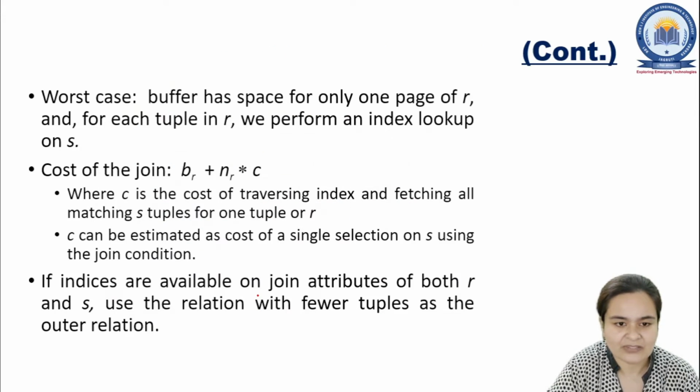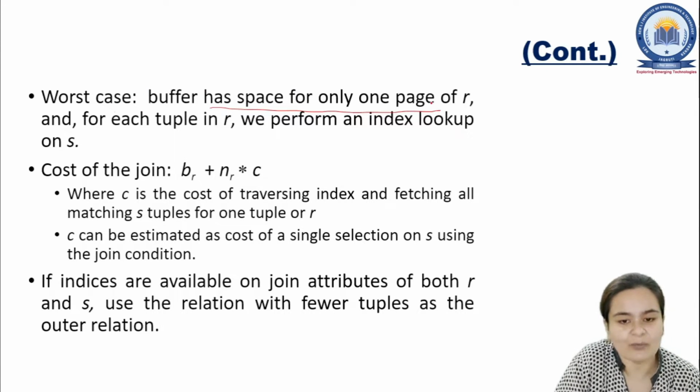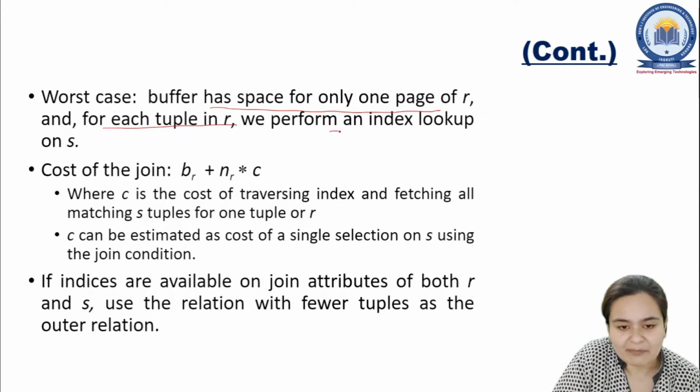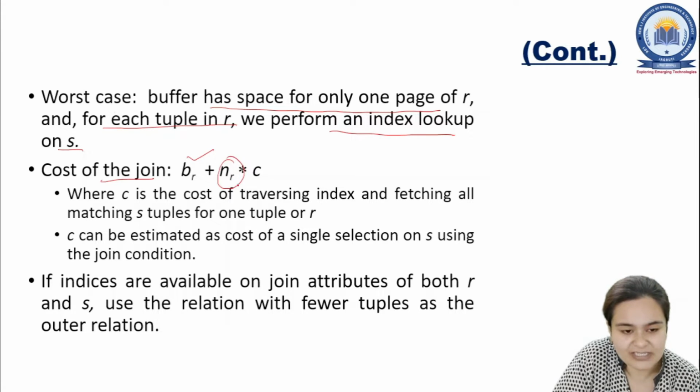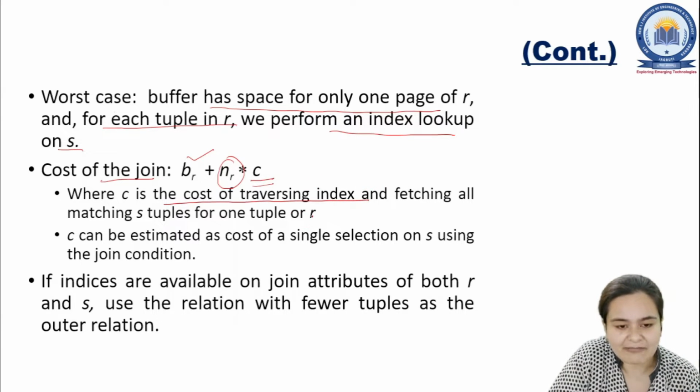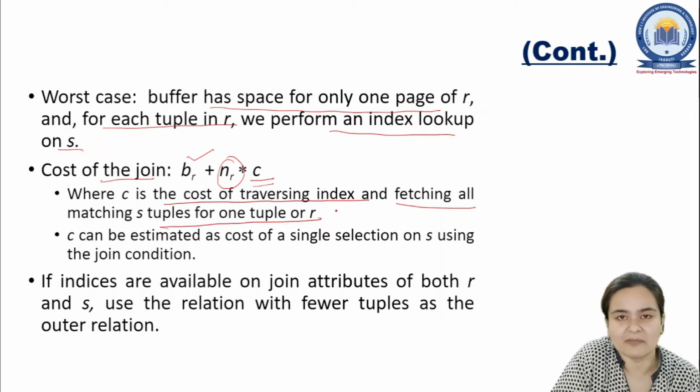What are the benefits we get here? In the worst case, the buffer has space for only 1 page of R, and for each tuple in R, we perform an index lookup on S. So the cost of the join will be BR plus the number of tuples or records in R times C. Here C is the cost of traversing the index, because if we have an index, we need to traverse it, and we also have to fetch all the matching S tuples for one tuple of R. So C can be estimated as the cost of a single selection on S using the join condition.